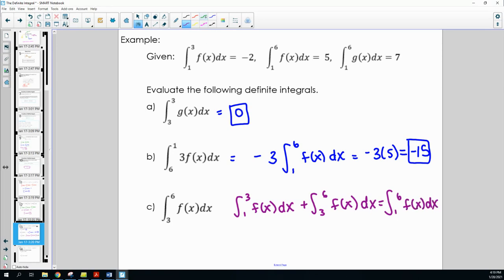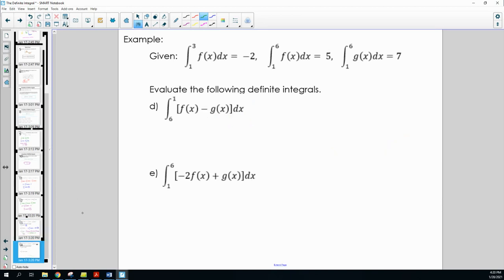So similar to before, we know 1 to 3, that's negative 2. This is what we're trying to solve for, 3 to 6 of f of x dx. And we know that the integral from 1 to 6 is 5. So now I can solve this, and I get that integral is going to be equal to 7.